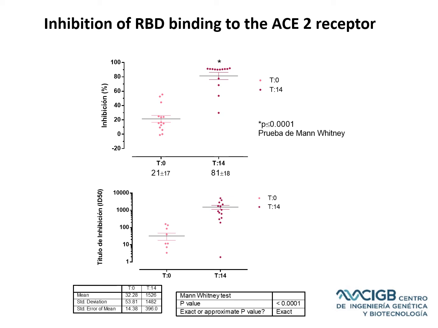Also a significant increase in the inhibitory capacity of the receptor binding domain binding to the ACE2 receptor. And down here you can see the same, but in this case it is an inhibition titer, that also increases significantly from 32 to 1526.